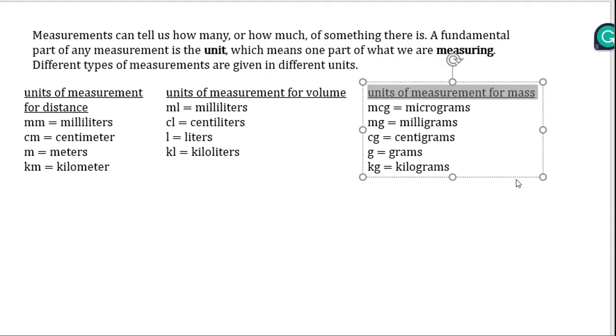Anybody willing to help out? Justin, Kimoy? Earlier, I noticed that all of them had the same milli and centi and kilo. That is correct. Aliyah is seeing it now?